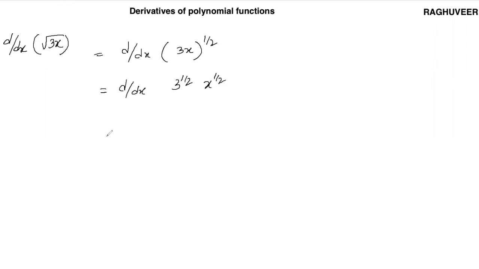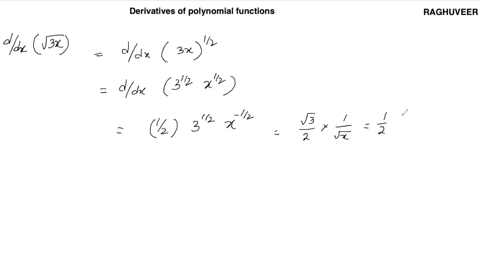So this will be 1 by 2 into 3 to the power of half x to the power of minus 1 by 2, or you can write this as root 3 by 2 multiplied by 1 by root x, which will be a root of 3 by x.